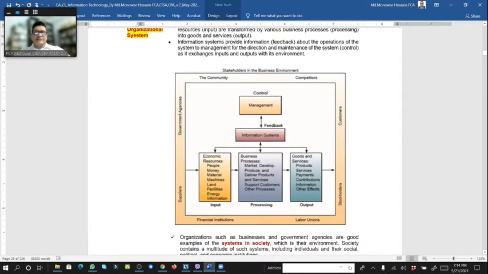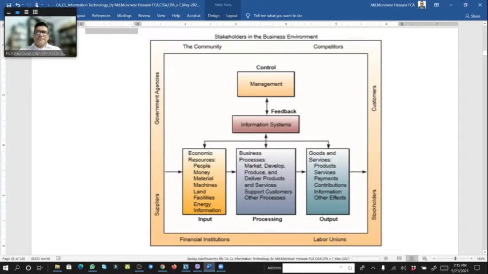If we see here, it is within the organization. Here in our process, our input is the economic resources. What are those? People, money, material, machine, land, facility, energy, information, etc. Maybe input. And from that input, the processing is the business process: make, develop, produce, and deliver product and service, support to the customer, and other processes.